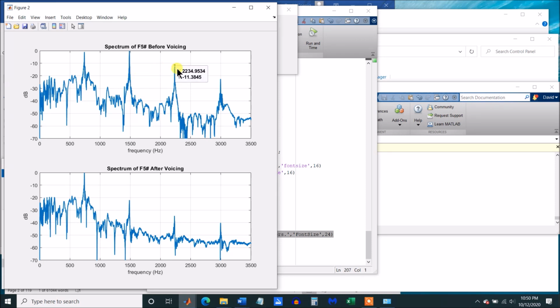Then you have a drop-off. Down here, after voicing, you have almost all your power in the first partial, and then this one is 22 dB down. And then this third partial is 34 dB down. So the voicing has taken the power out of the higher partials.